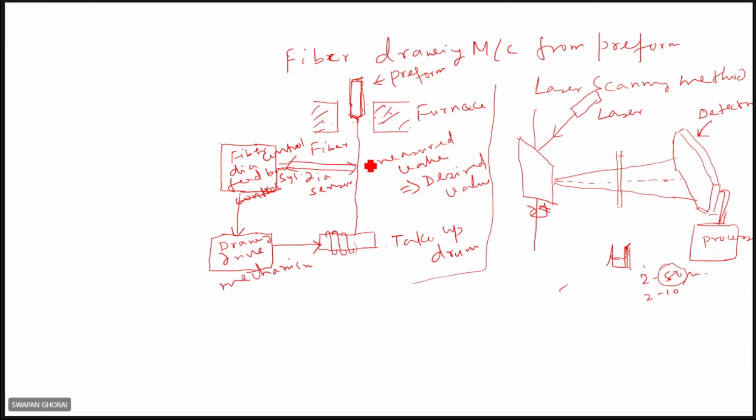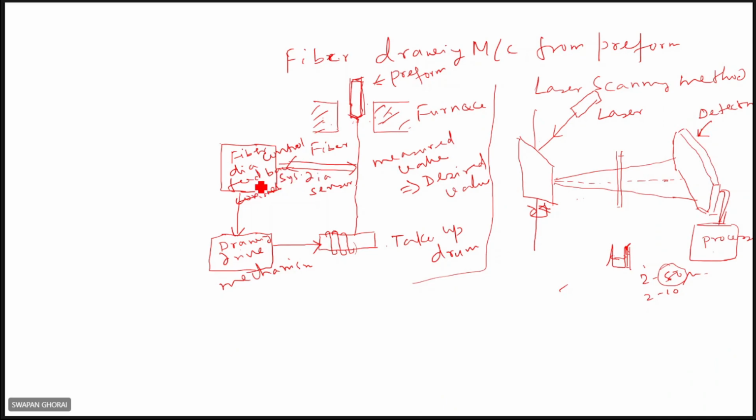Now, suppose you need a certain diameter of the fiber, how can you select the diameter? Immediately after the fiber is made, it is sensed by a diameter sensor. I'll show you on the left hand side how the diameter is measured.